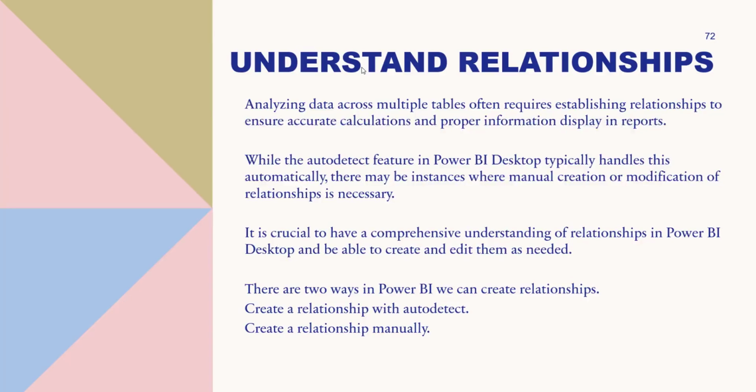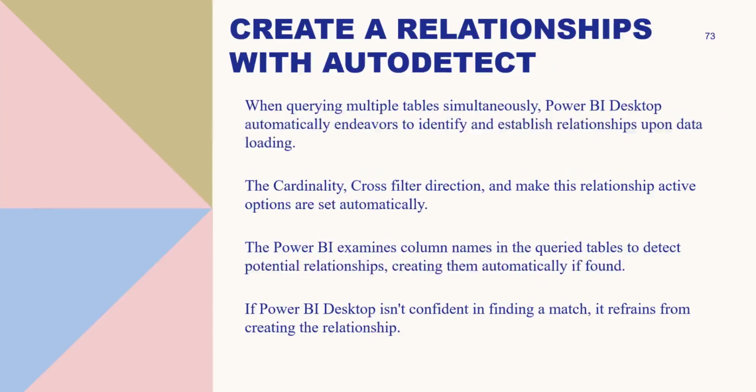It is crucial to have a comprehensive understanding of relationships in Power BI Desktop to create and edit them as needed. So there are two ways we can create a relationship: one is with auto detect, and the other is creating a relationship manually. Next, we will see how to create a relationship with auto detect.